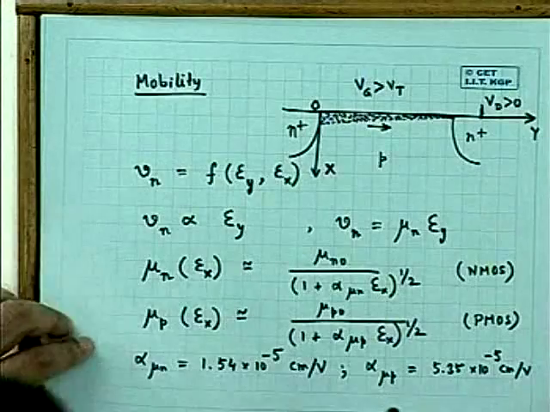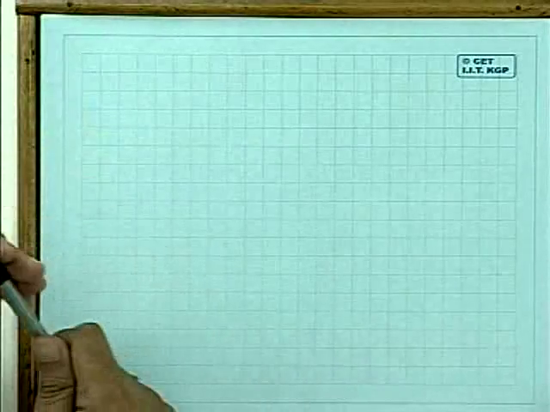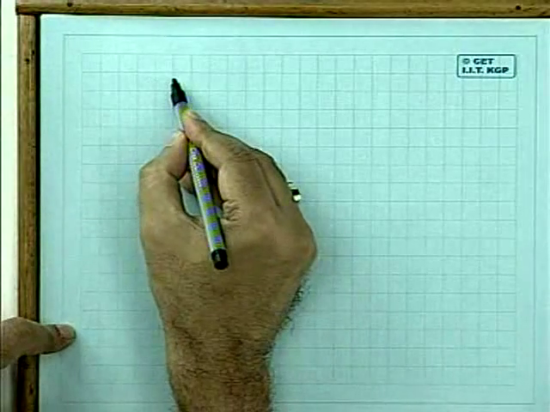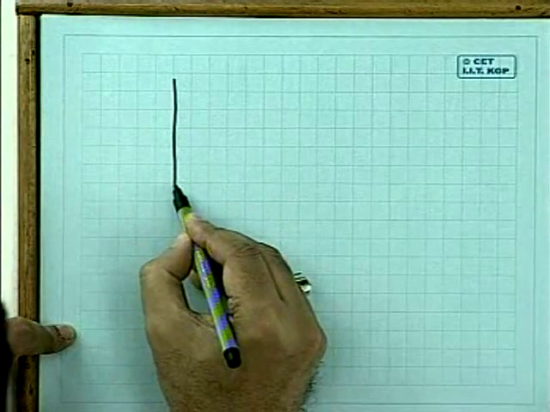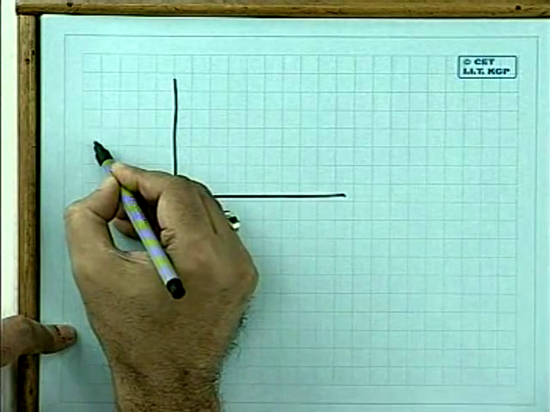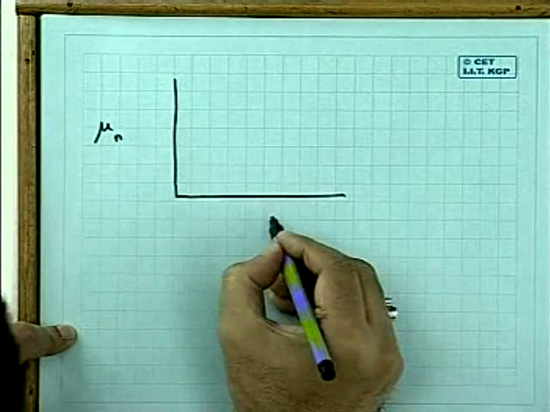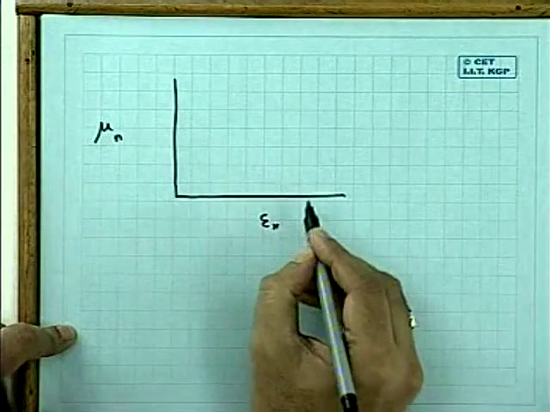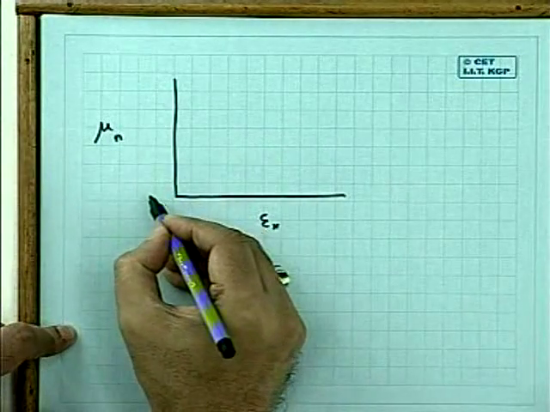People have done a lot of work. For example, typical experimental data shows that the mobility versus transverse electric field curve may be like this.